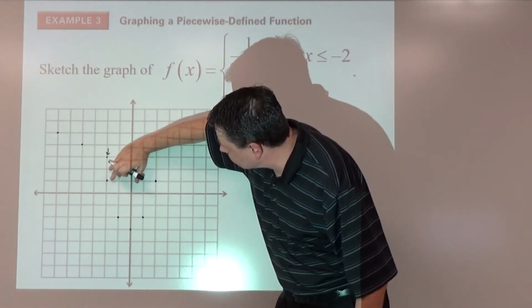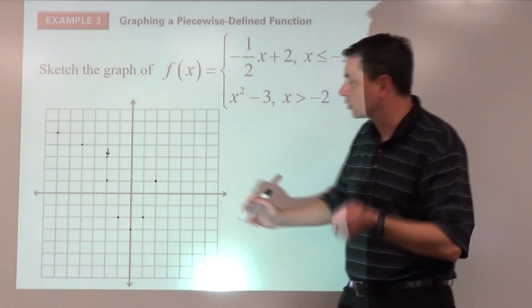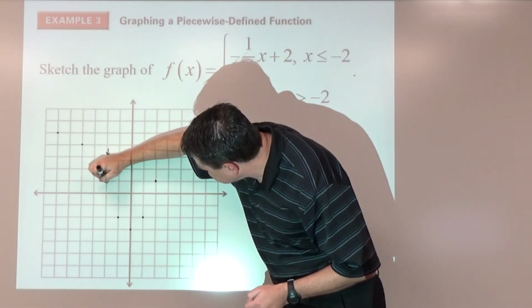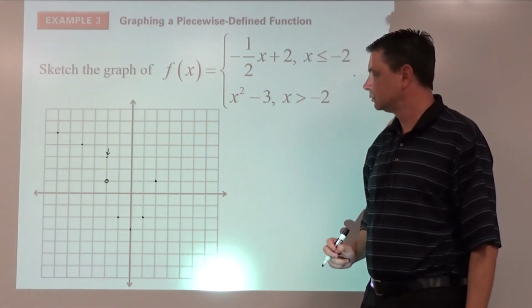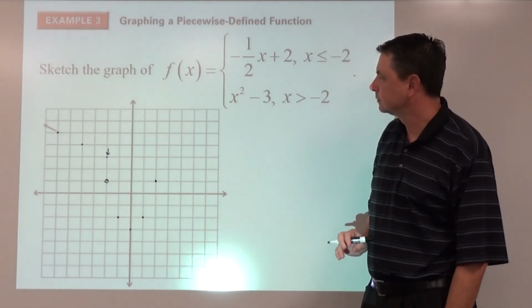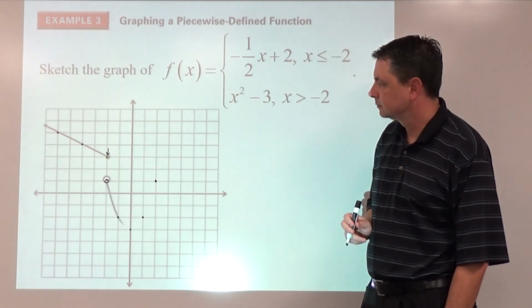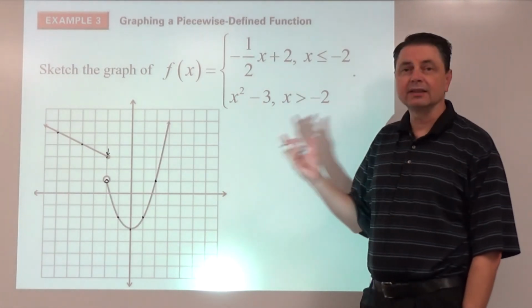So here's the -2. It has to be greater than that. So we would show that on the graph with an open circle. And then everything else here going to the right. So we got that part. And we got that part.